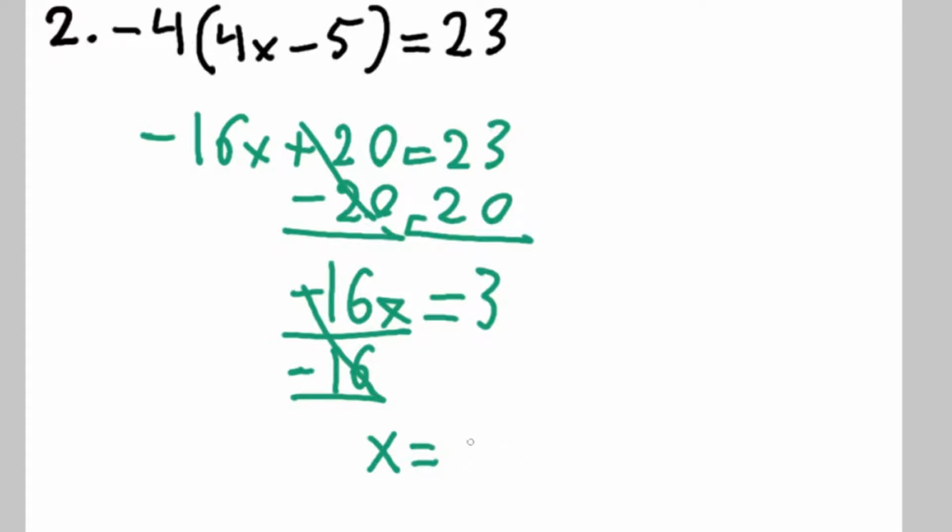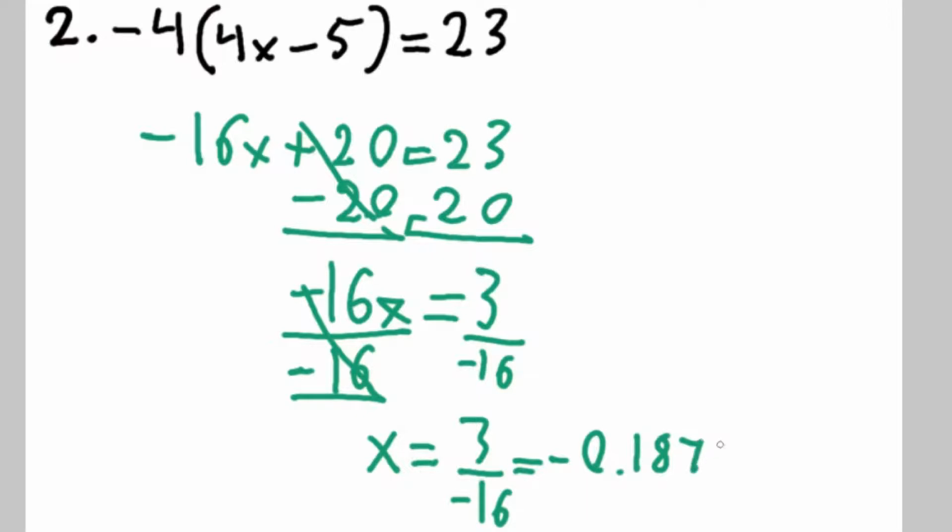And 3 over -16 is equal to -0.1875. If you want to check your answer for a variable, you could always plug it back into the original equation and see what you get.